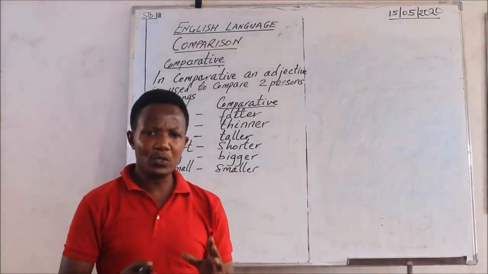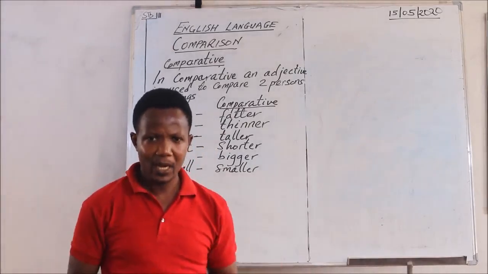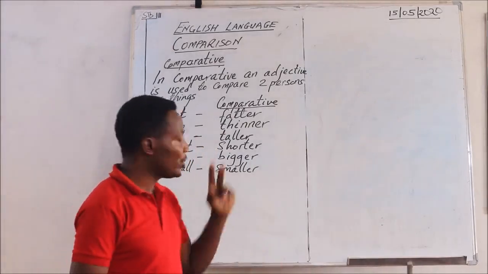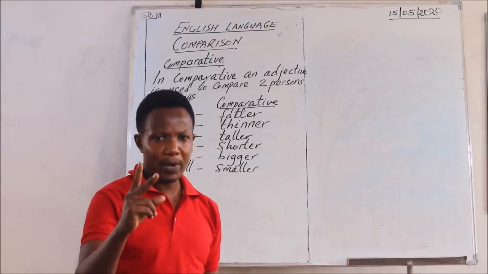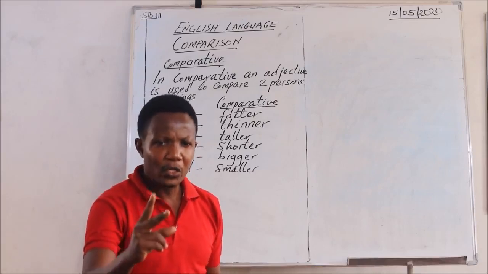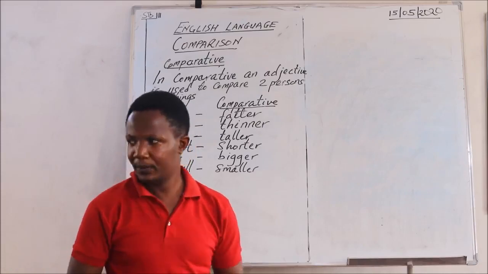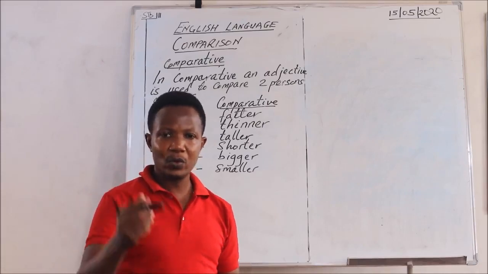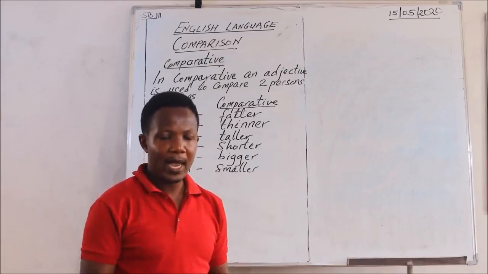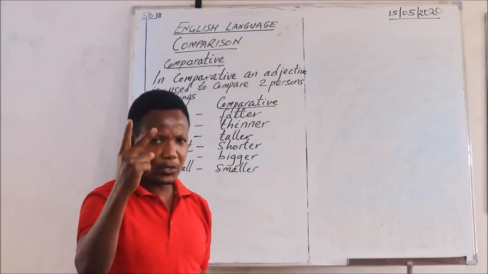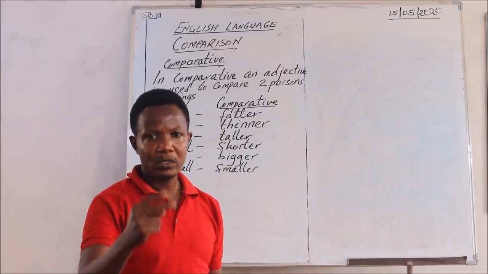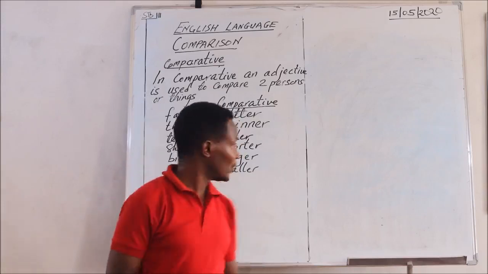Now we are going to see how to compare. We have said an adjective is used to compare only two persons or two things. Please, I would like to insist on this. In comparative, we are dealing with comparing only two persons or two things.